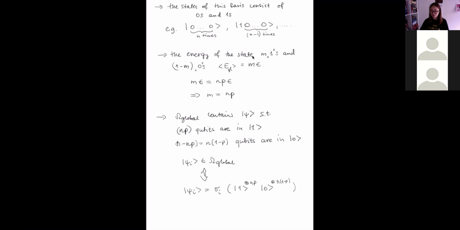So essentially all the states that belong to this energy shell correspond to the permutations of the state of the qubits where you have Np qubits in the state 1 and N(1 minus p) qubits in the state 0. So these are all possible qubit permutations.